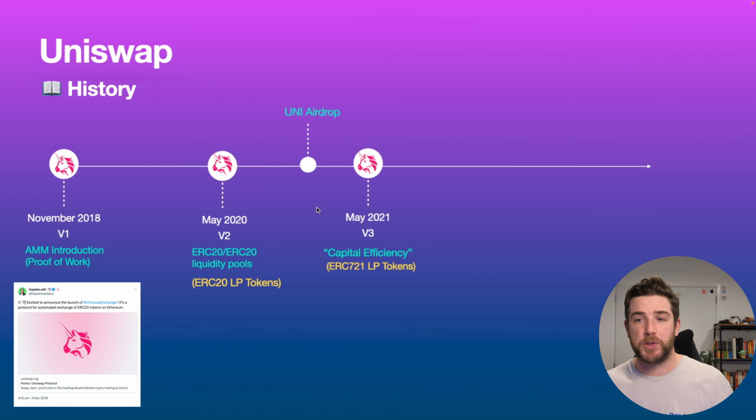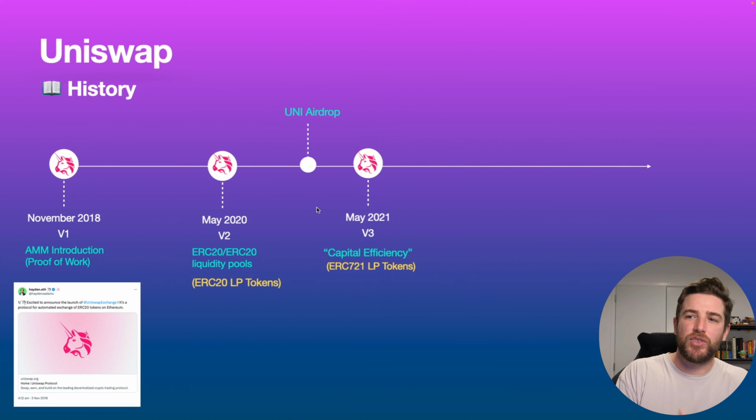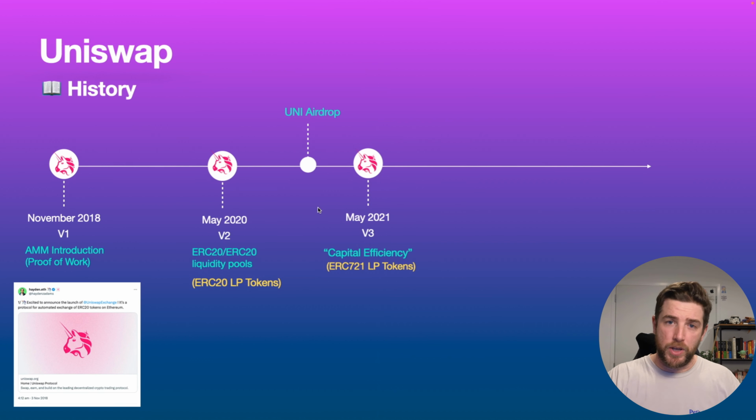One of the differences between the liquidity provider tokens is that on V2 we have ERC20 tokens, and on V3 they are NFTs. We are going to talk about that in this session, so don't worry too much.